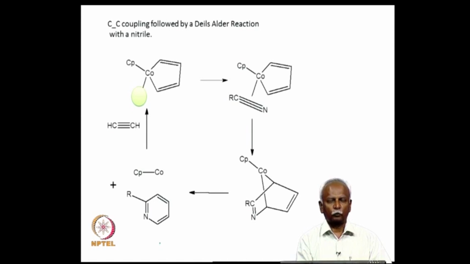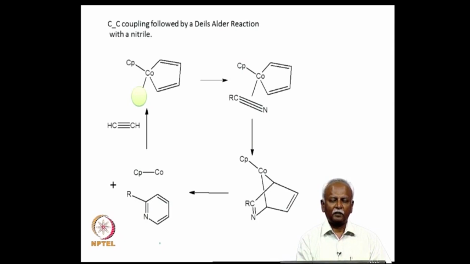Now, the first step, which involved the formation of a metallocyclopentadiene, was a very fast reaction. And in fact, that is the reason why you can do this ring formation reaction with 2 acetylenes and 1 acetonitrile or 1 nitrile molecule.